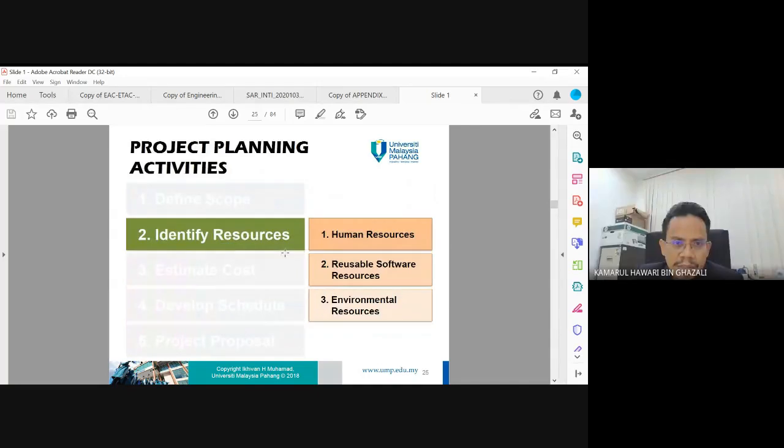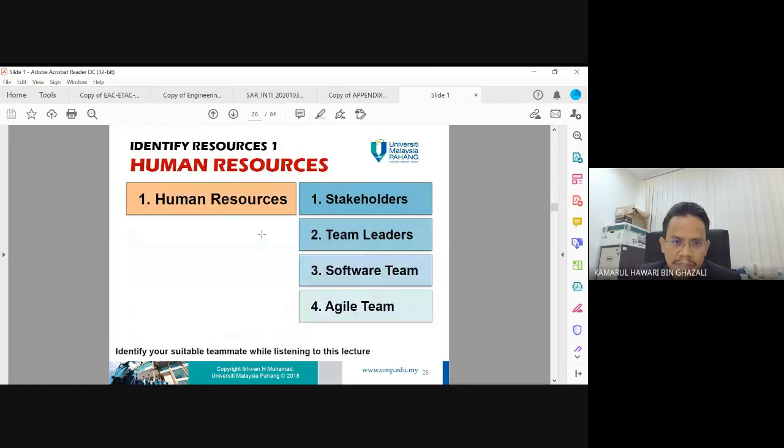Next, for the project planning activities, is identifying resources: human resources, reusable software resources, and environmental resources. You need to identify the resources in order to plan any project. So what are human resources?